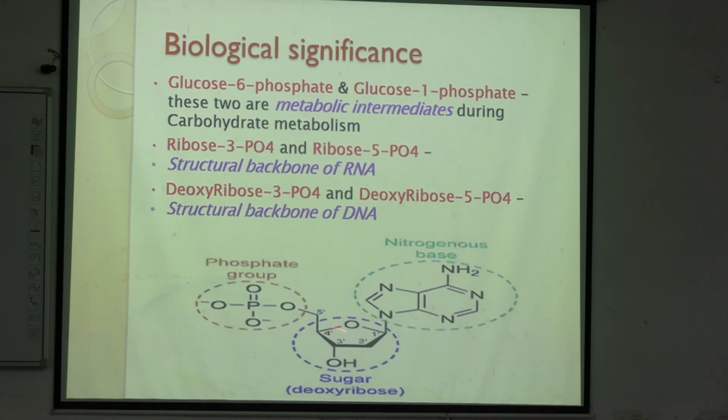This OH group will help in formation of another phosphate ester bond, and it will elongate the chain. That is why in case of DNA and RNA synthesis, the chain elongates from 5' to 3', right? 5' is fixed, the 3' is free. So, in the 3' end, new phosphate will get bound.